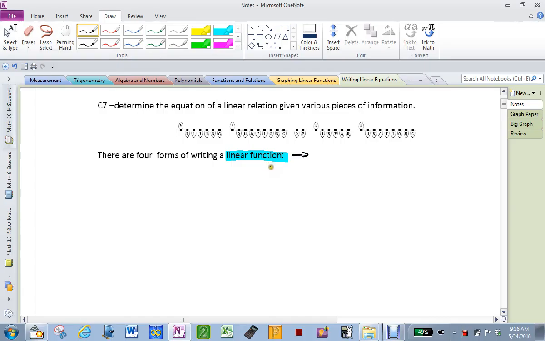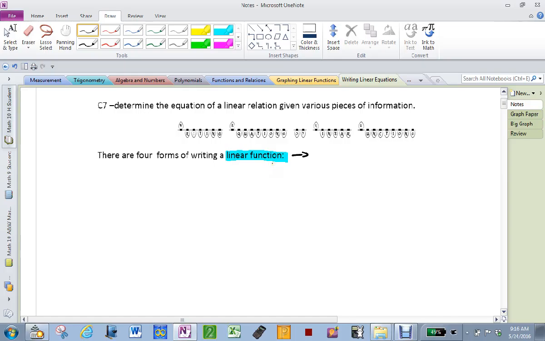It graphs in a straight line. That's the definition that everybody gives me, and that's technically right. It graphs a straight line.